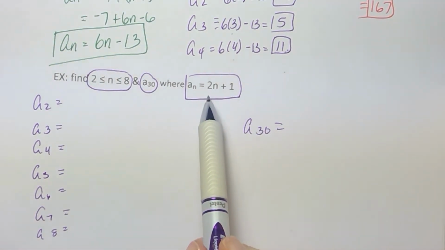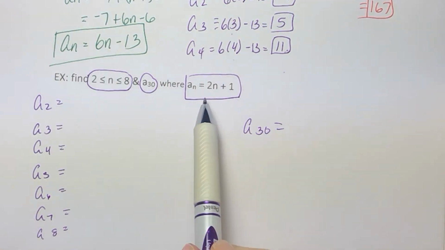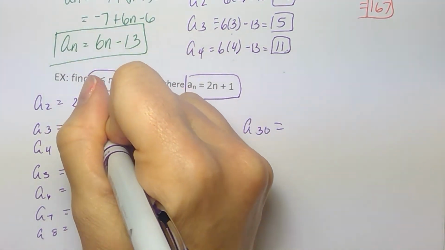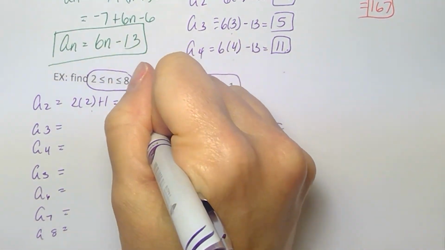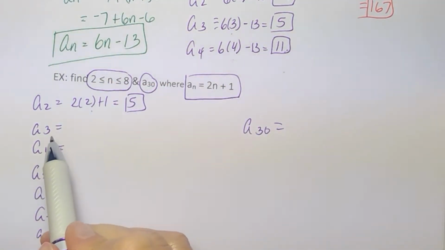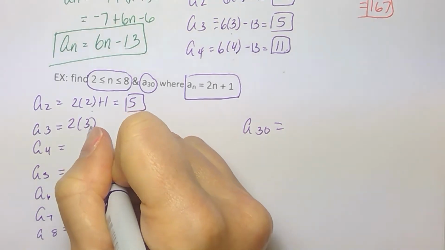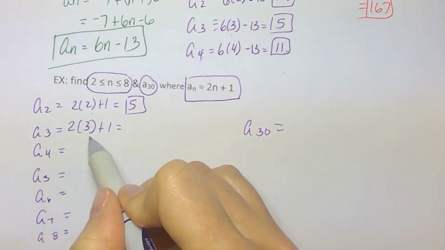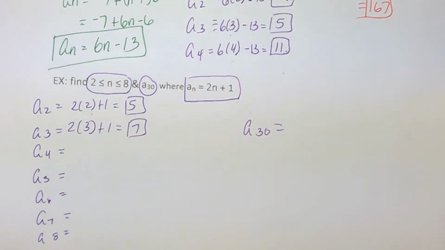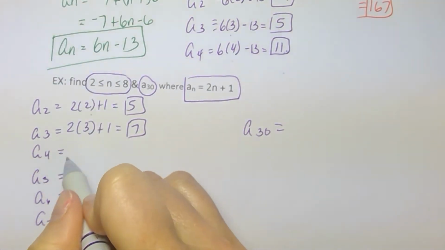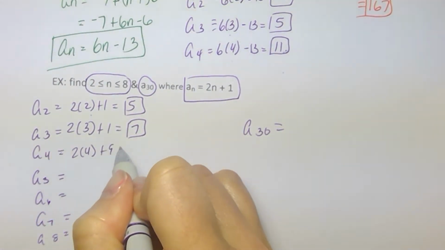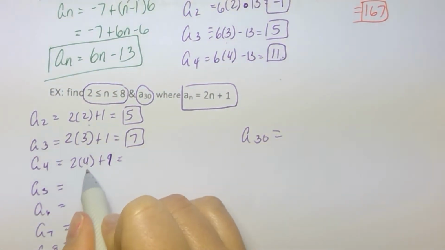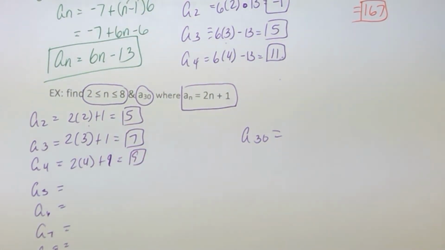Okay, so plugging into our general term where n is 2, we have 2 times 2 plus 1. 2 times 2 is 4 plus 1 is 5 for our 2nd term. Our 3rd term would be 2 times 3 plus 1. So that would be 6 plus 1 is 7. I bet 2 is our difference. So our 4th term, 2 times 4 plus 1, 8 plus 1 is 9. Yep, look at that. I've got a common difference of 2.